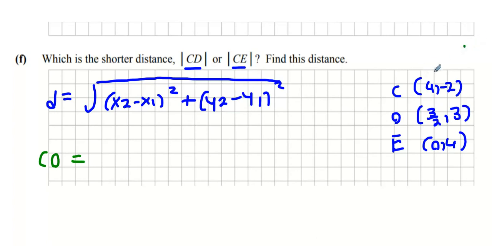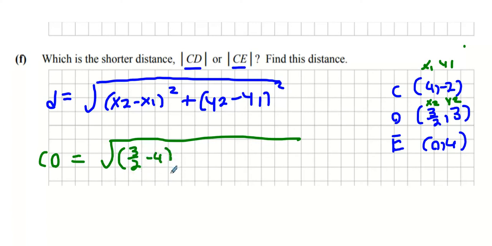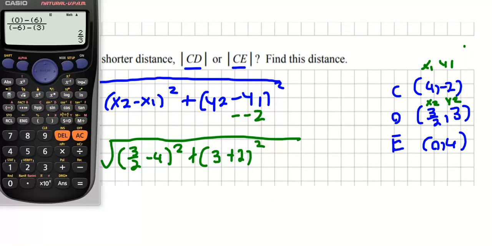And C to D, we can call this one x1, y1, and call this one x2, y2. And then we put them into the calculator here. So it's going to be 3 over 2, take away 4 squared, plus 3 minus minus 2, which will be 3 plus 2. So minus minus 2 is plus 2 squared. Put that into the calculator.